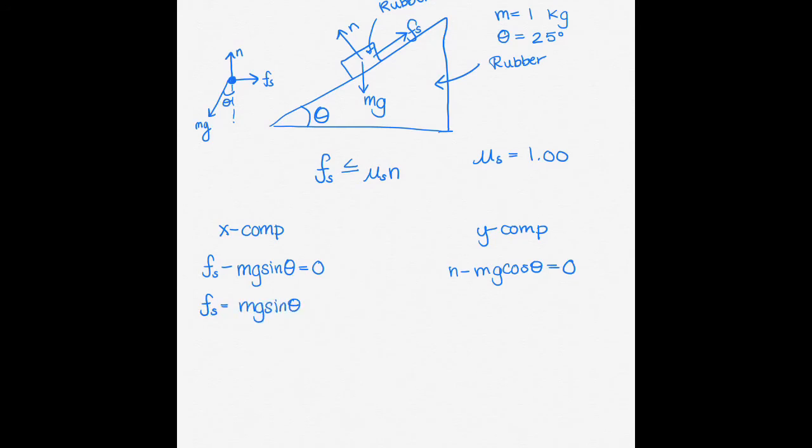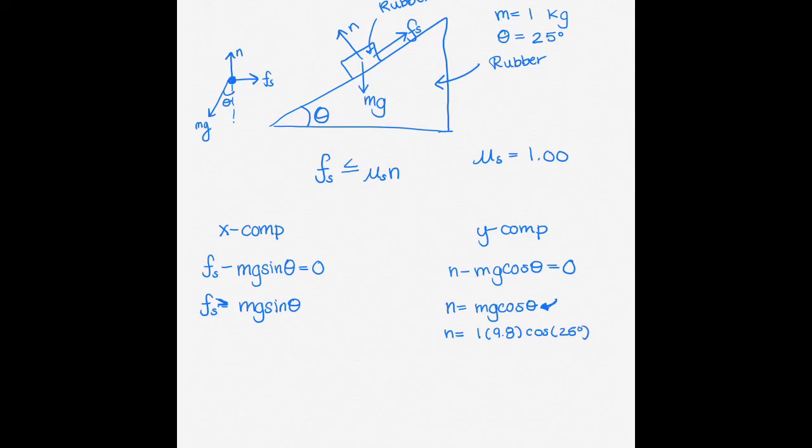So here we see Fs is equal to mg sine θ, and we know that it has to be at least that amount in order to prevent the motion. We can have a much bigger static friction value and still prevent the motion. We know that N is equal to mg cosine θ, and let's plug in our values here. So N is equal to 1 times 9.8 times cosine of 25 degrees.